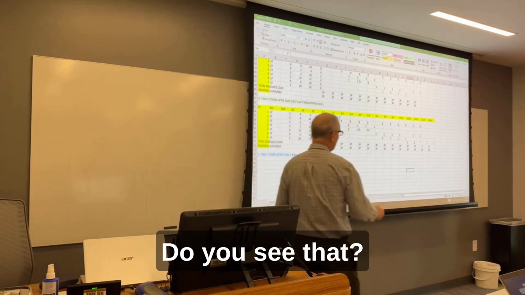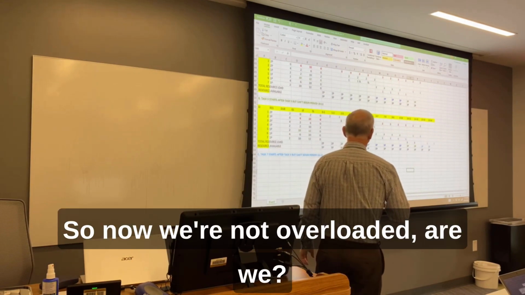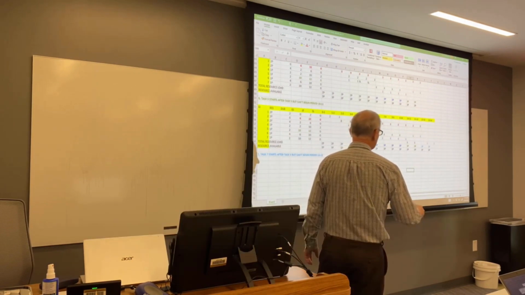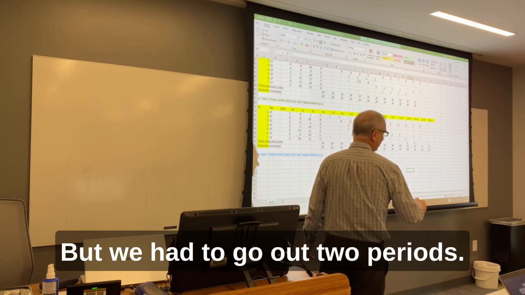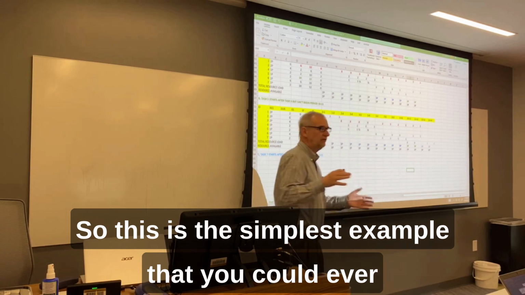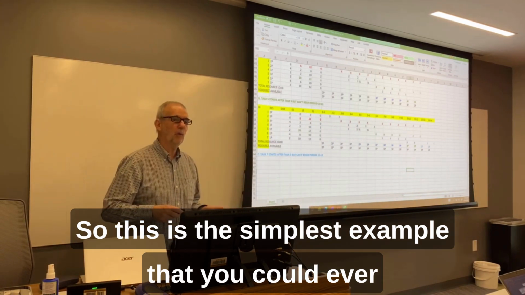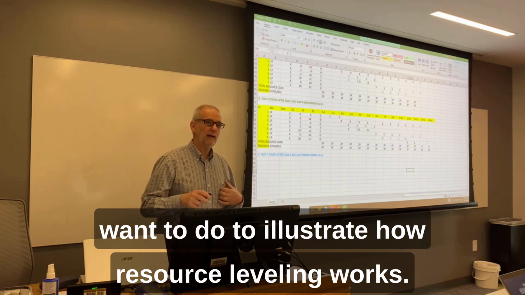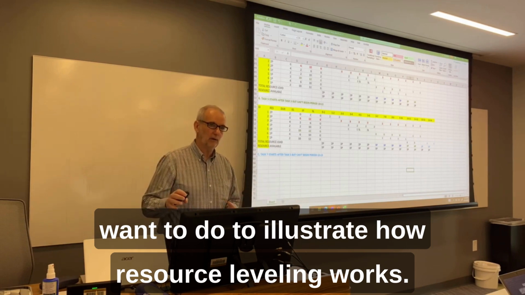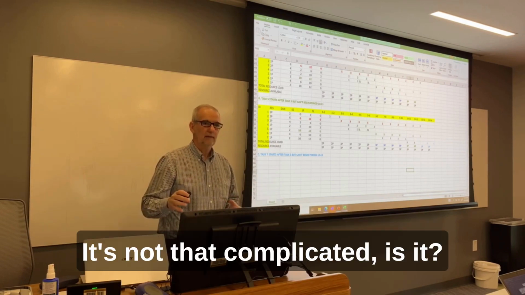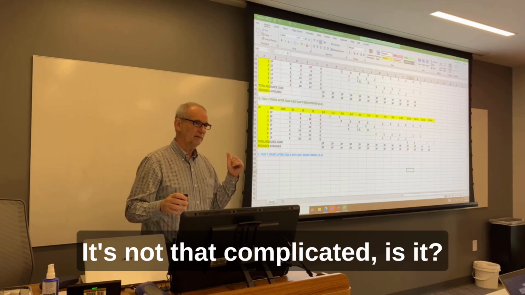You see that? So now we're not overloaded, are we? But we had to go out 2 periods. So this is the simplest example that you could ever want to do to illustrate how resource leveling works. It's not that complicated, is it?